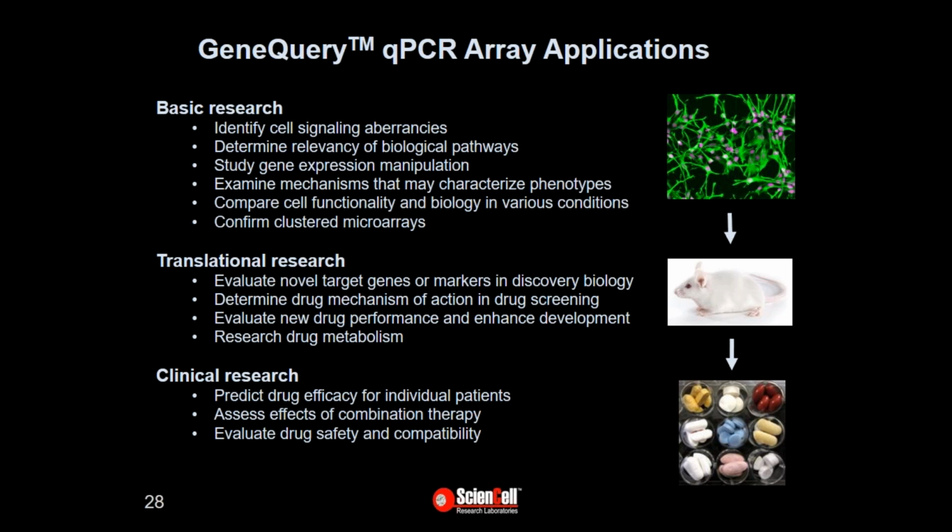In translational research, gene query can be used to assist in drug screening to identify novel target genes, genetic markers, drug action, or metabolism mechanisms and aid in drug development. In clinical research, gene query could be used to test drug safety and efficacy.